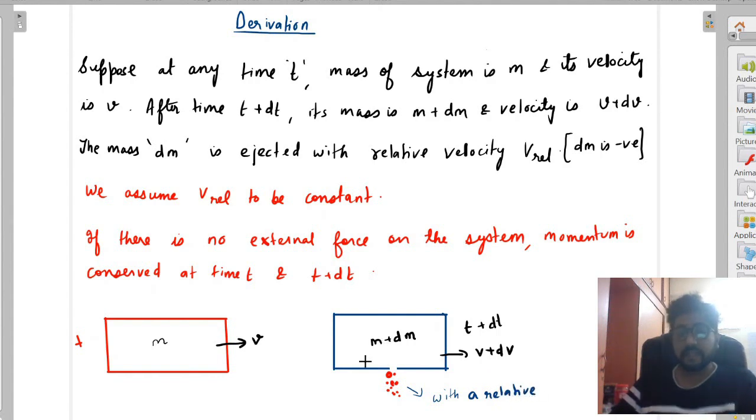Relative speed means when you sit in the frame of this system, it appears to you that this ejected mass is moving with a velocity v relative.